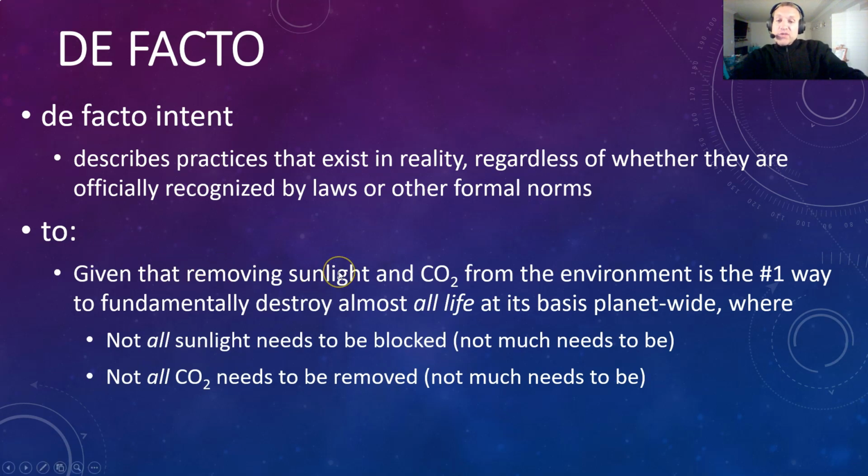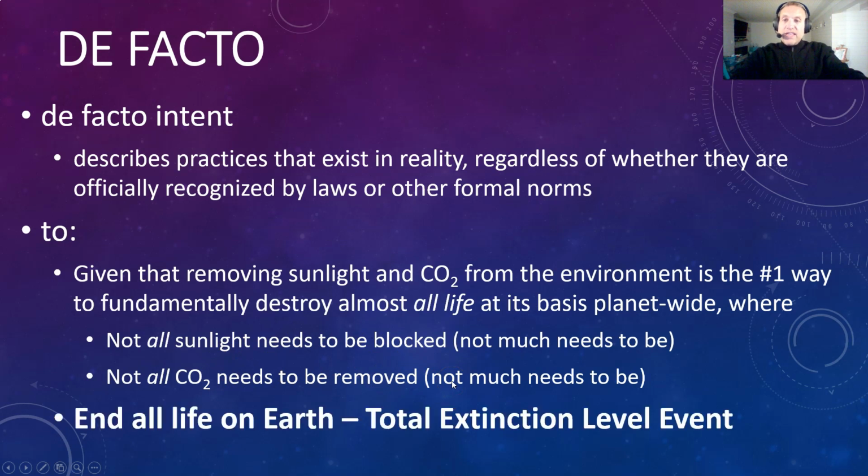Given that removing sunlight and carbon dioxide from the environment is the number one way to fundamentally destroy almost all life at its basis on planet Earth, ending photosynthesis, where not all sunlight needs to be blocked to get that result, and not all carbon dioxide needs to be removed to get that result, then it's a de facto intent to end all life on Earth in a total extinction level event, because they got the math wrong, because the initial premises in their math do not match ontological reality.